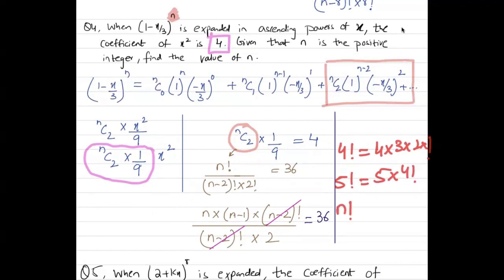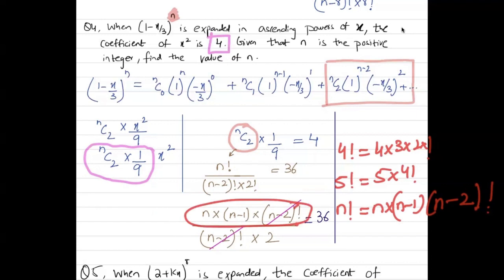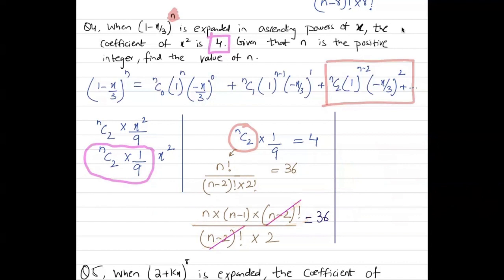So if I have n factorial, can I write it as n multiplied by n minus 1 times n minus 2 and so on? Can I stop it at n minus 2 factorial? Yes. So that is what I have done over here. I have stopped the expansion at n minus 2 factorial because I need to cross out n minus 2 factorial in the numerator and the denominator.